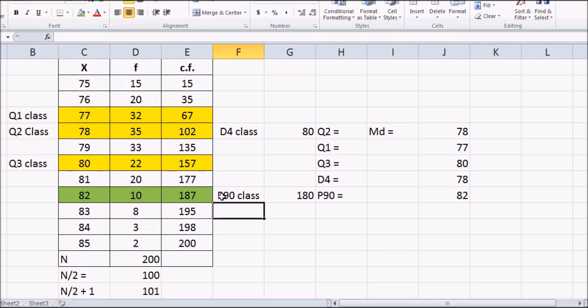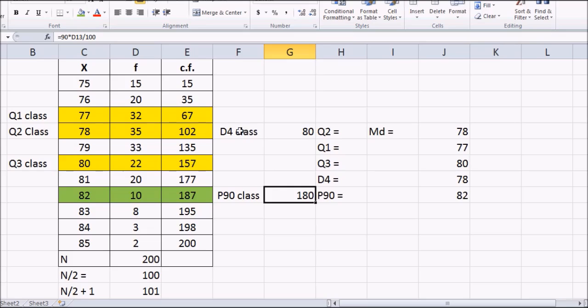Hope that's clear. There's no confusion. Of course, even and odd we will treat as we had treated the median. We have been taking two. For P90 we take the average of 180 and 181. Both of these fall in this class.